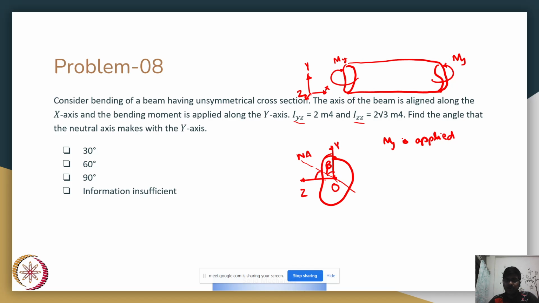We are essentially asked to calculate the angle beta.